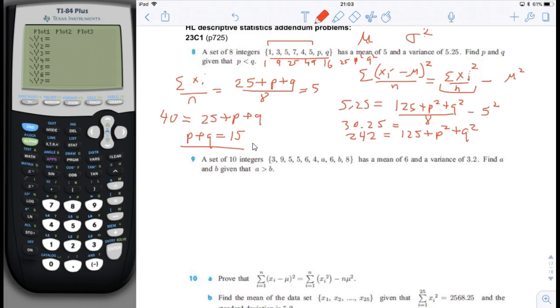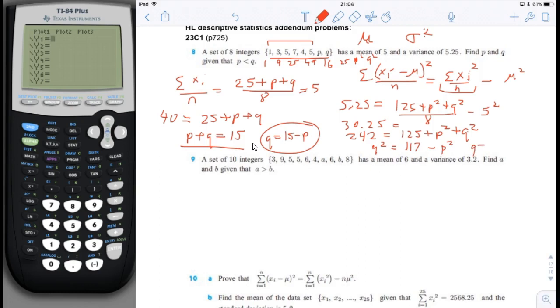Let's say that P is x and Q is y, so we'll say Q is equal to 15 minus P. And then here we'll say Q squared equals 242 minus 125, which is 117, minus P squared.